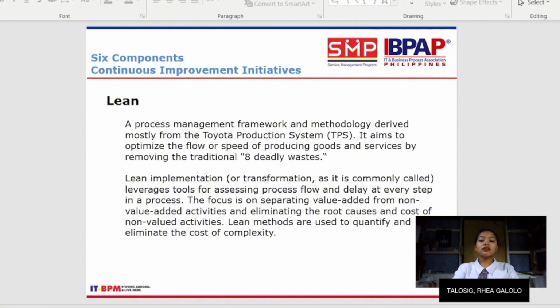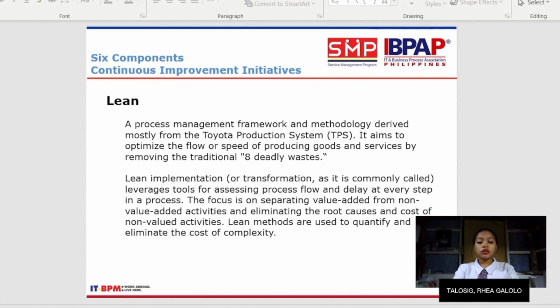Lean methods are used to quantify and eliminate the cost of complexity. The framework, derived mostly from the Toyota Production System, aims to speed up production of goods and services by removing the 8 deadly wastes.